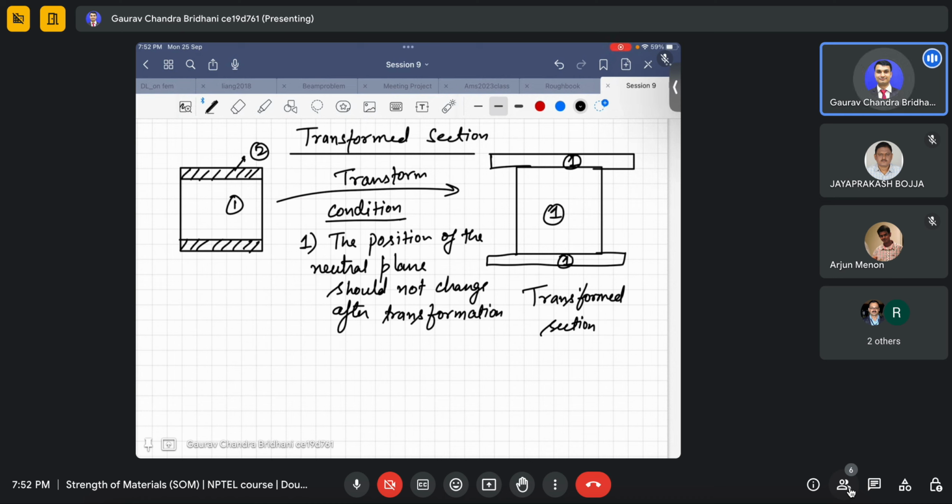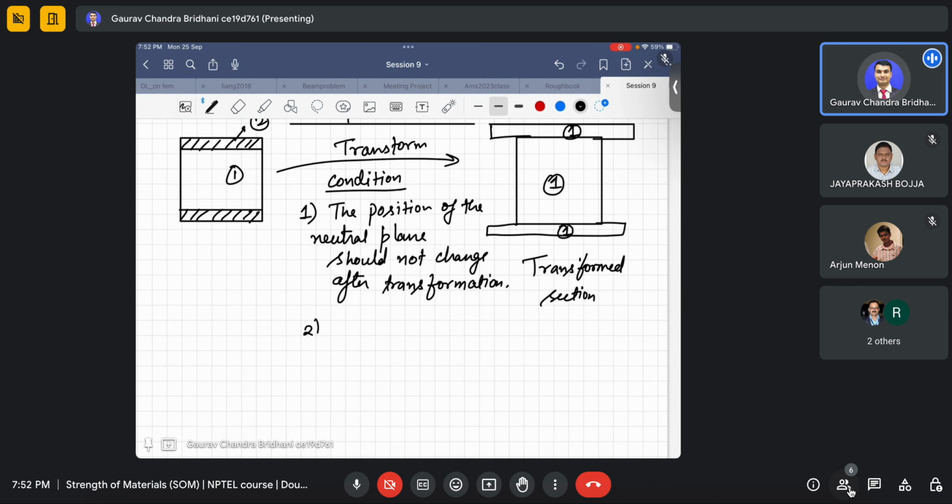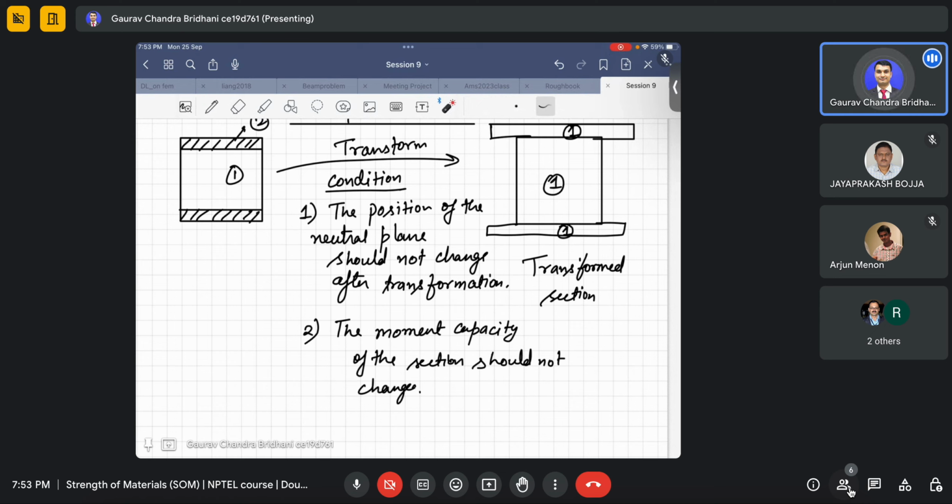If we transform the section from this one to this one, the position of the neutral plane should remain the same. Second, the moment capacity, or the capacity of the section to resist the moment, should not change.